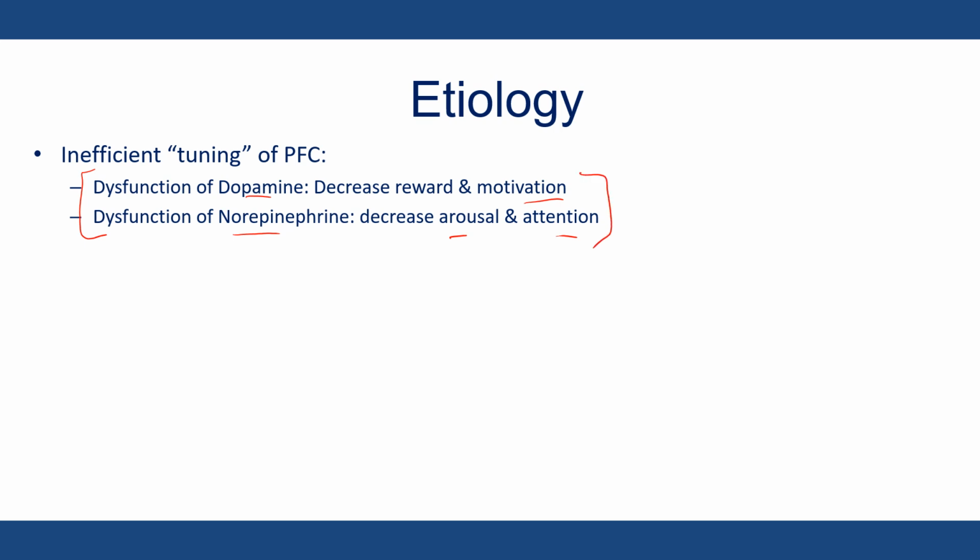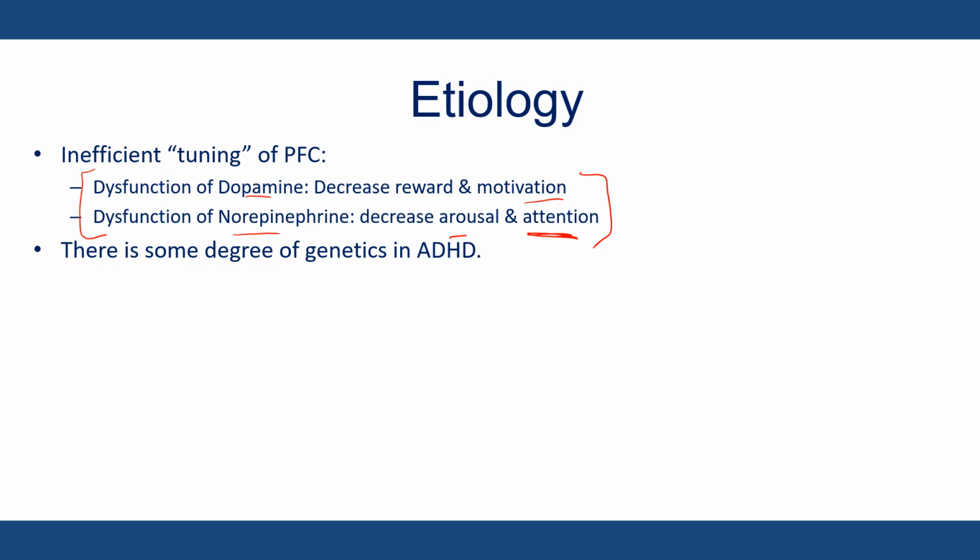So that makes sense. When the levels are low, or if there's a dysfunction, then you are not able to maintain that focus or attention. And we'll talk about the sympathetic system in a few minutes when we talk about medical management or pharmacological interventions.